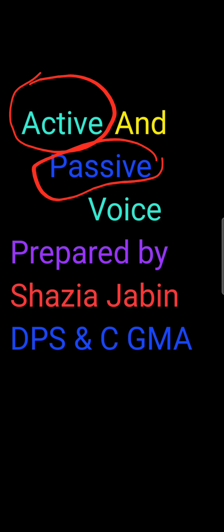If you are able to write sentences in active and passive, you are up to half of your learning of language, and you are able to produce and reproduce those sentences in your own words.